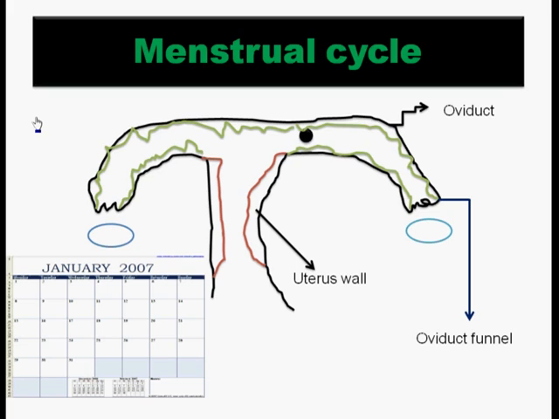Okay, so you saw that ovulation took place a while ago. Now, before going any further, these green lines represent what we call cilia, and the cilia helps to move the egg along the oviduct, or what is otherwise called the fallopian tube. All right.